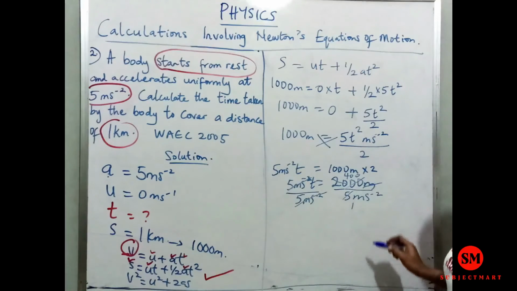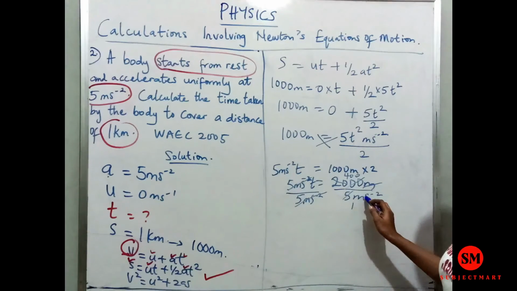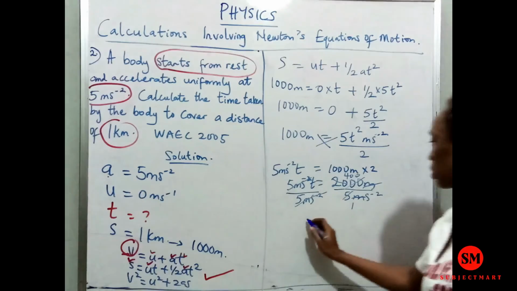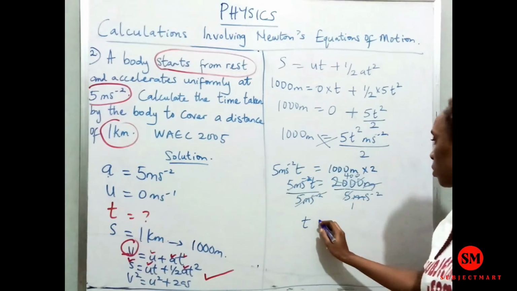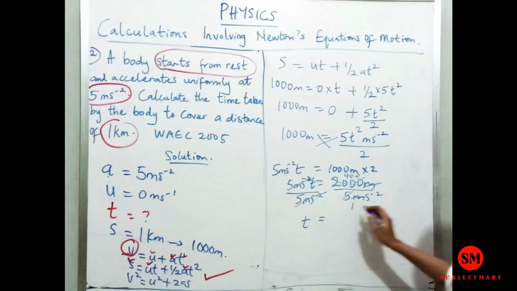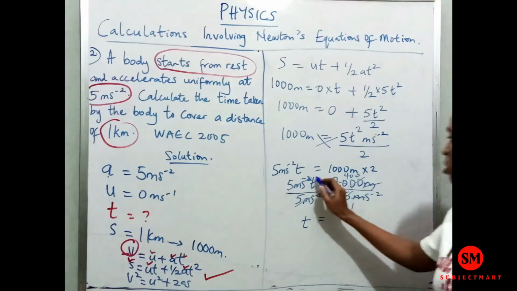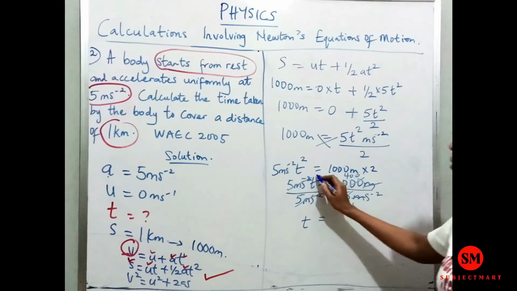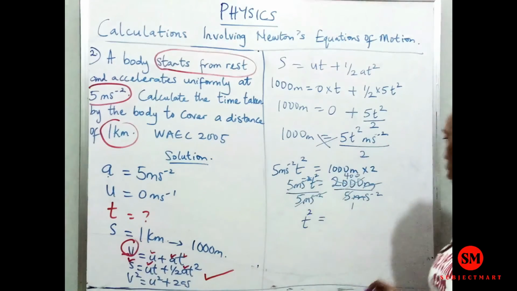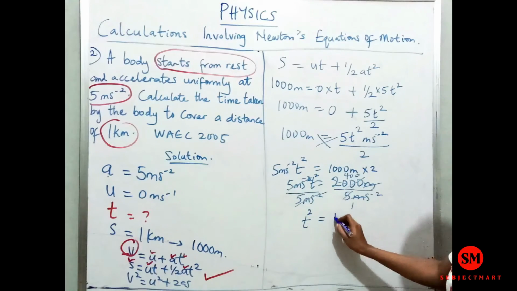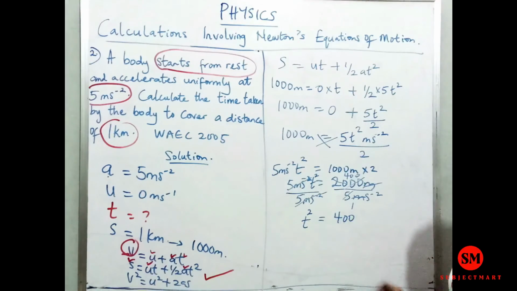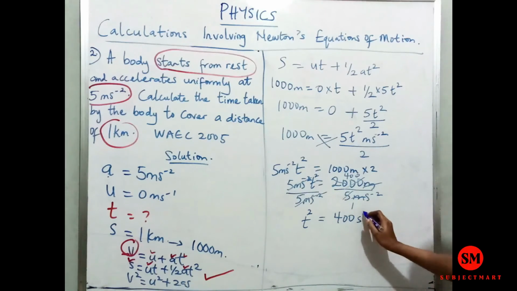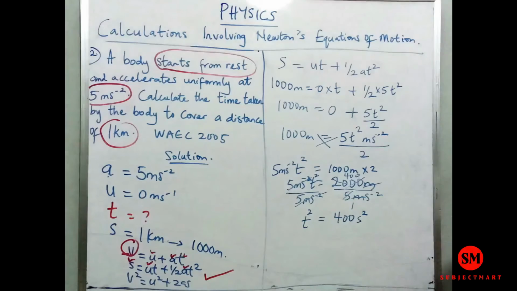So meter cancels meter, and then I'm left with t equals, oh sorry, this is t squared, not t. So I have t squared equals 400. From here, we have 400 s squared.